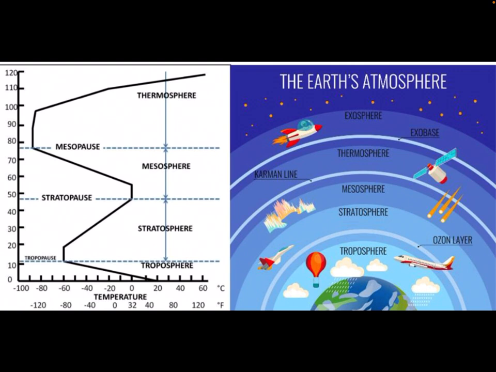And next to the thermosphere there is the exosphere. Before the exosphere there is the ionosphere. Why is this layer called the ionosphere? Because of the presence of ions, charged particles, and these charged particles reflect the radio waves coming from the earth.